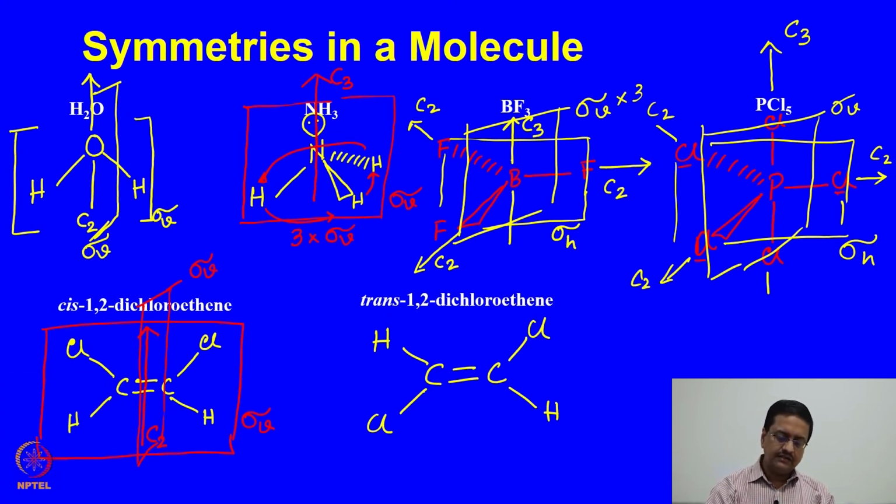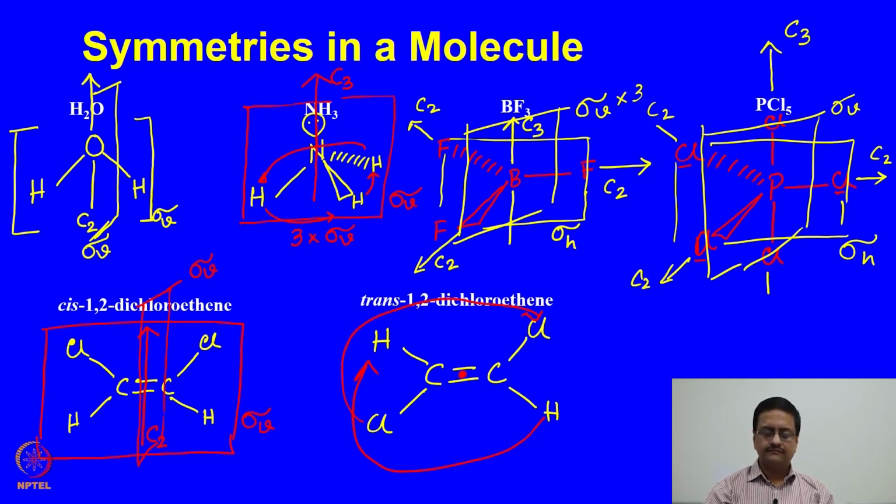We see that the twofold axis is passing through the center of the bond, but perpendicular to the plane of projection, and that rotates this chlorine to that place and this hydrogen to that place, and so on.